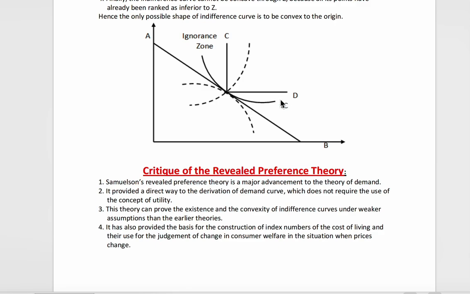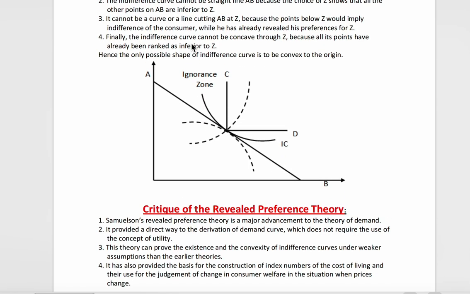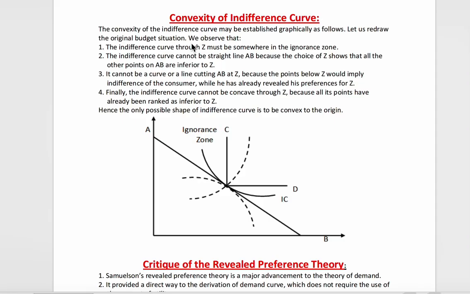The only shape of the indifference curve is convex to the origin. So the convexity of the indifference curve is proved.